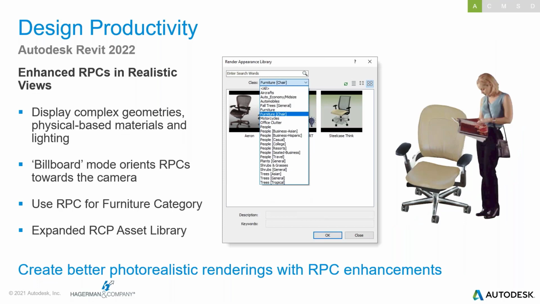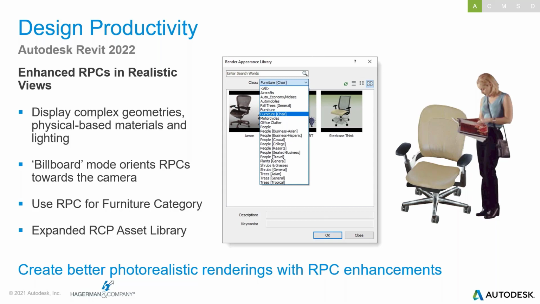Revit now supports the new RPC 2.0 file format, which displays complex, high-resolution geometries, physical-based materials and lighting, and more intelligent ways to control the asset parameters. You can experience the improved performance of realistic views with options to switch off all RPCs in the model and/or display the orientation in billboard mode towards the camera.